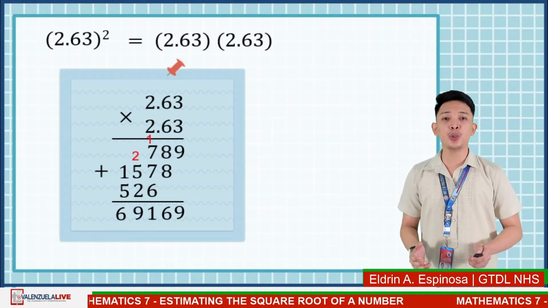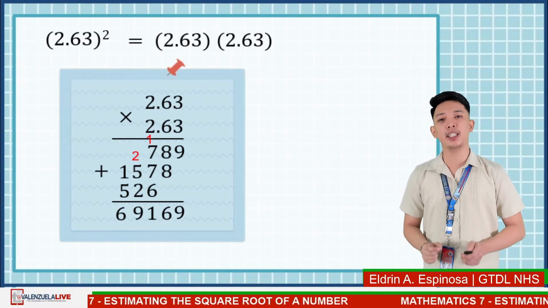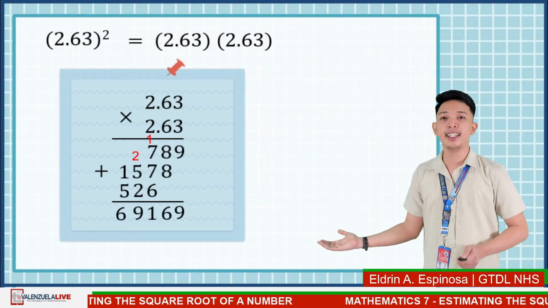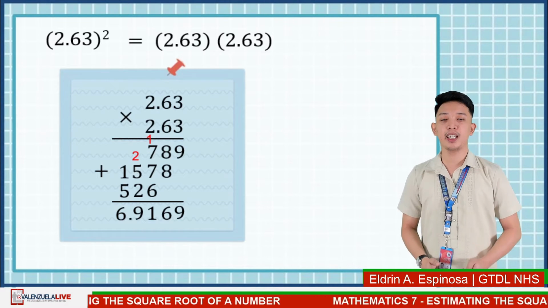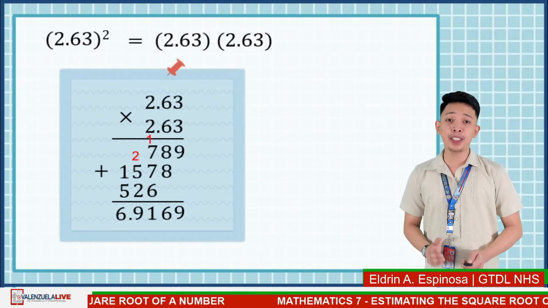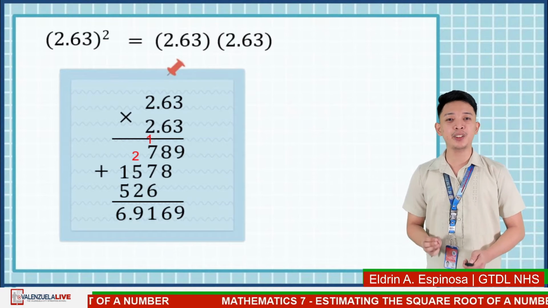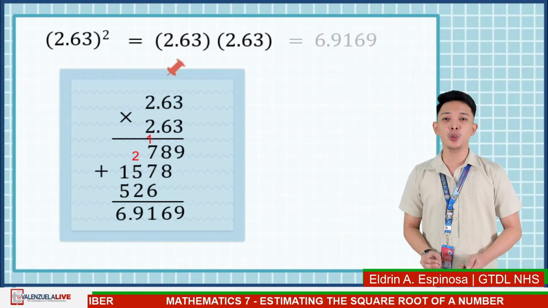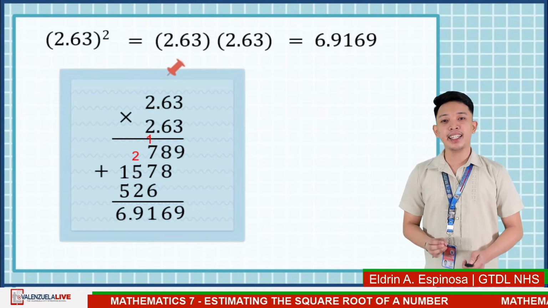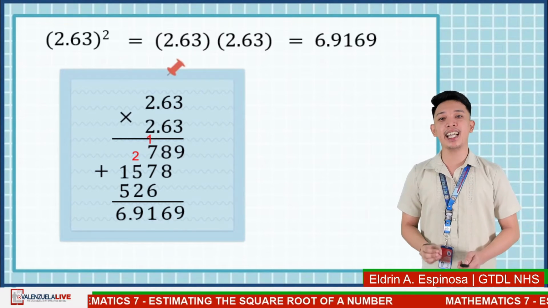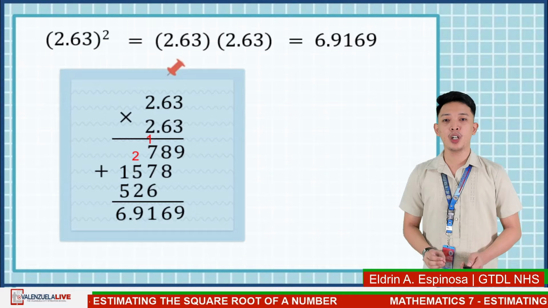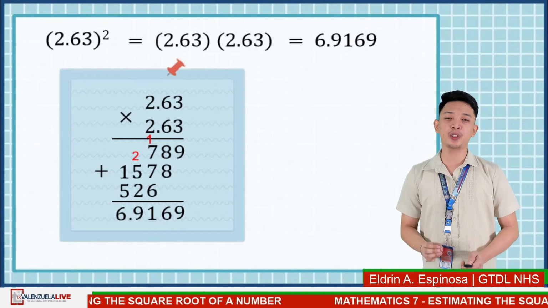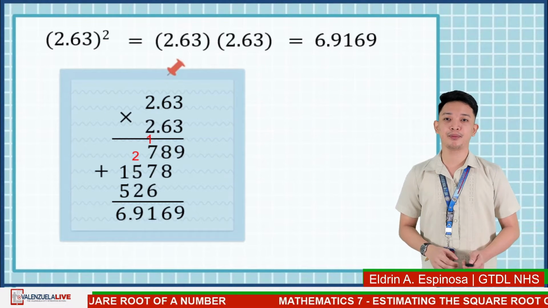So we're going to place the decimal point between 6 and 9. Thus, the value of the square of 2 and 63 hundredths is equal to 6 and 9,169 10,000s.